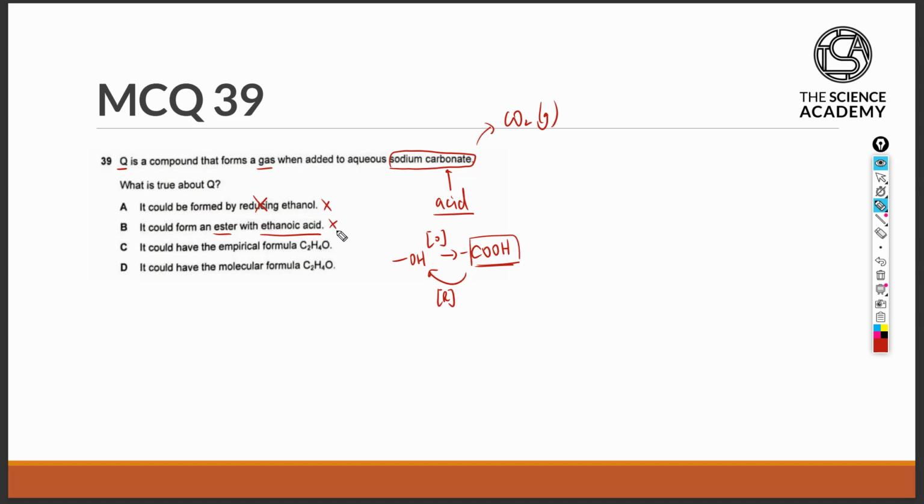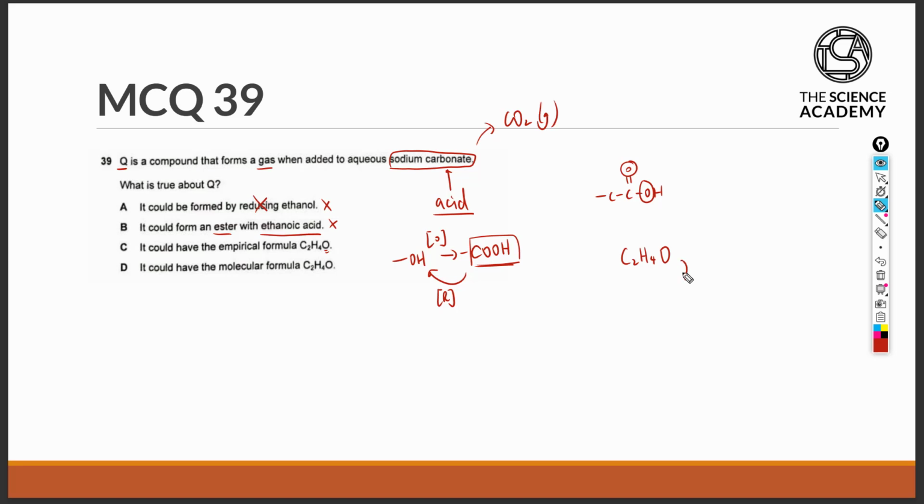C states it could have the empirical formula C2H4O. We know that every carboxylic acid should have at least 2 oxygen in the carboxylic acid functional group. So having an empirical formula of C2H4O means that this is the simplest ratio of all the 3 elements present.